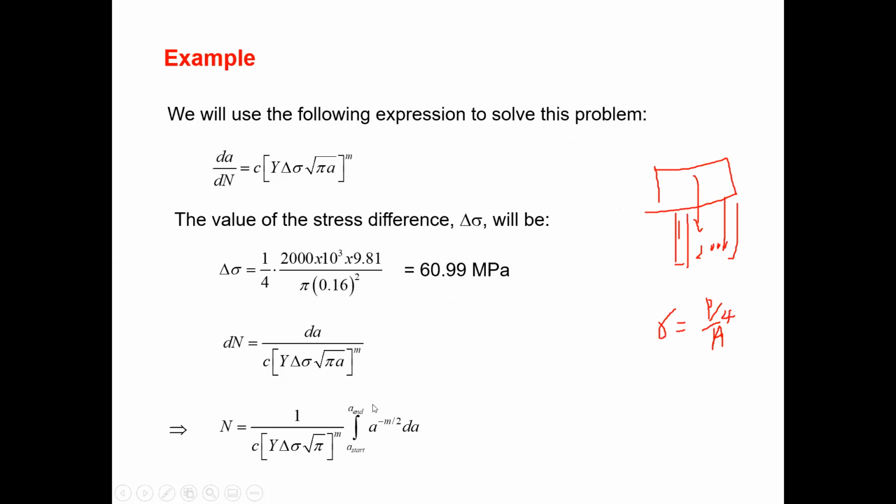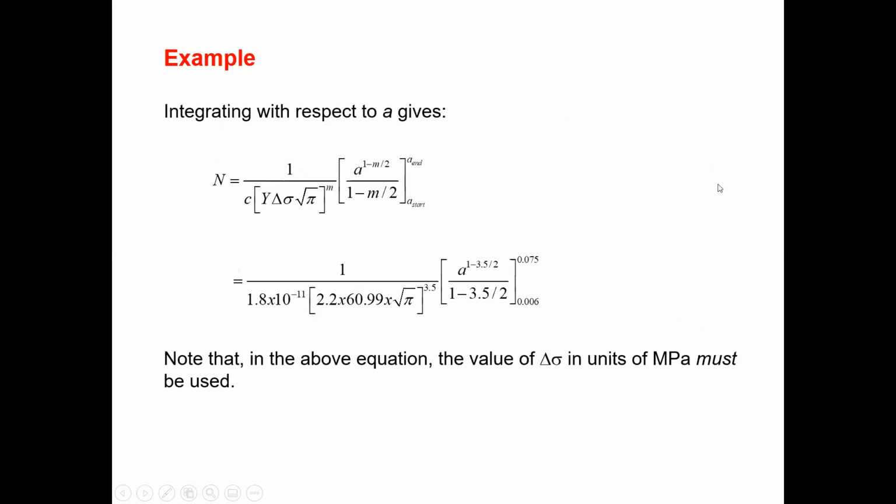So when you bring that upward, then it is minus. When you integrate this one, I think you know how to integrate, so I won't go into that. You should know how to integrate, otherwise you're in trouble. So integrate it and substitute the M value here.